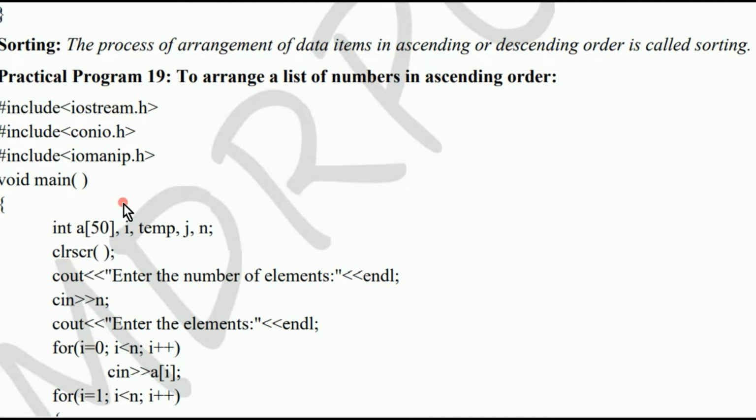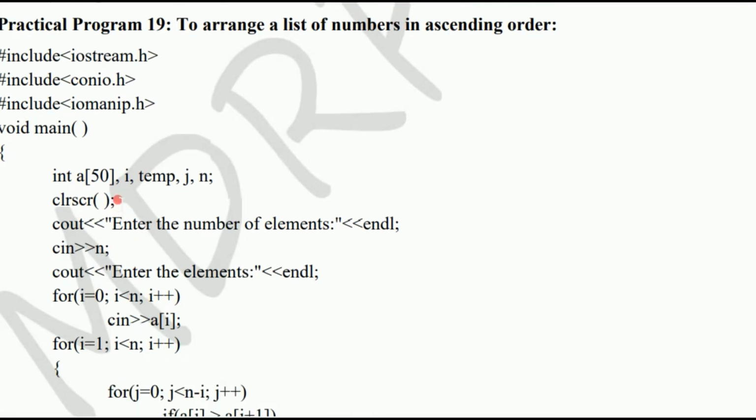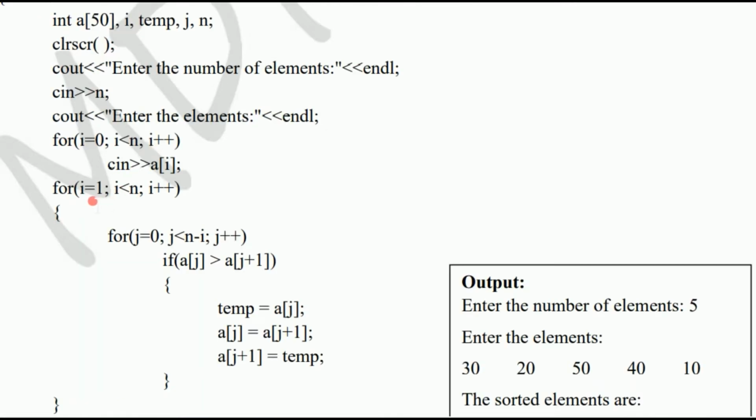Maybe we have taken int a of 50, that is the array, and then we took i for the subscript, one temporary variable for exchanging purpose, then j, and then n. Then cout enter the number of elements, cin n. Enter the elements: i is equal to 0, i less than n, i plus plus, cin a of i. Then i is equal to 1.